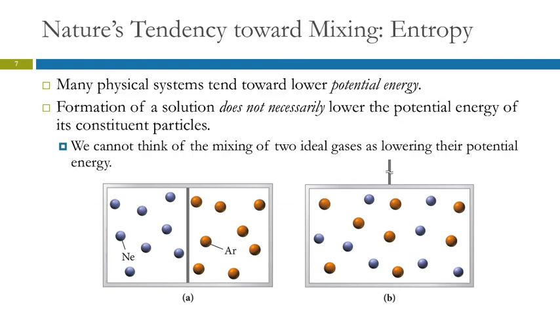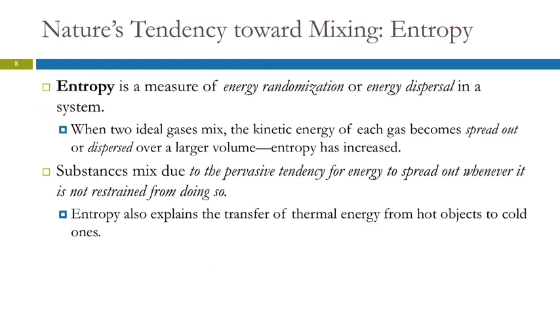So we have energy dispersal. And that's what entropy is. That's an increase in entropy. So substances mix due to entropy, the pervasive tendency for energy to spread out whenever it's not restrained from doing so.